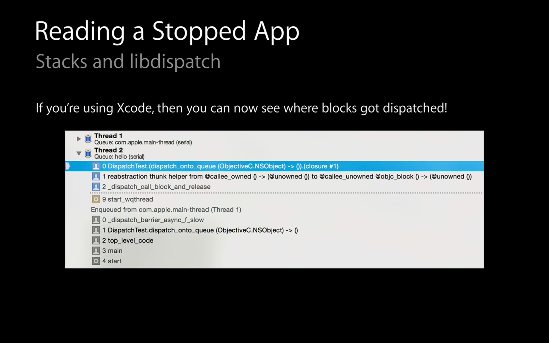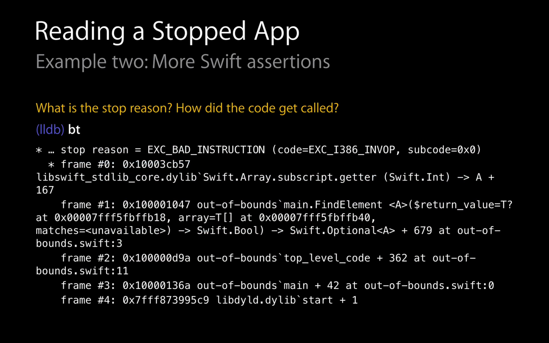Now, why is this relevant to this talk? Well, all the stack frames that are above the last block execution, you'll be able to see local variables for. However, all the local variables from before it got enqueued are not going to be available to you. That's why they're grayed out in Xcode, and you need to make sure you remember that. All right, well, Grand Central Dispatch is cool, but we're focusing on lldb, so let's get back to it.